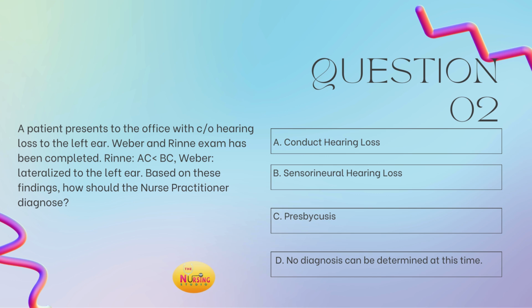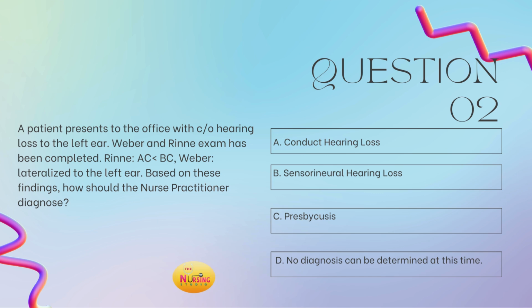The Rinne test is. And then with Weber, it has lateralized to the left ear. Okay. So any lateralization with Weber exam is abnormal, right? Remember that it should not lateralize to either ear. When you complete this assessment, and you ask them which ear do they hear the sound better in, or do you hear it equally, they should hear it equal in both ears. So what do we have? BC is greater than AC, and the sound lateralized to the ear that the patient is complaining of, so the affected ear.